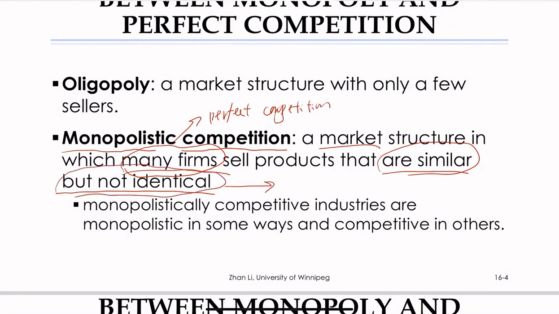This is different from the perfectly competitive market, because one assumption for perfect competition is that products are exactly the same. So in the end, monopolistically competitive industries are monopolistic in some ways and competitive in others. That is, they will be similar to monopoly in some aspects, but similar to the competitive market in other aspects.